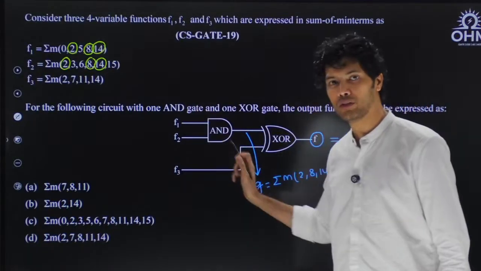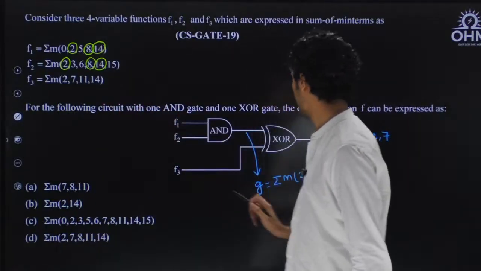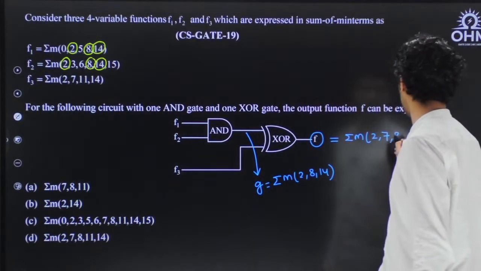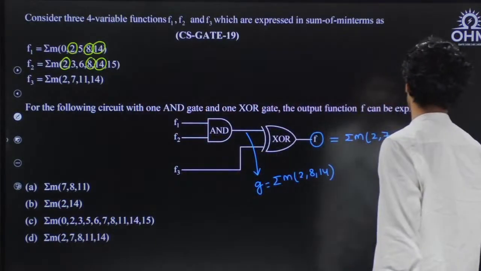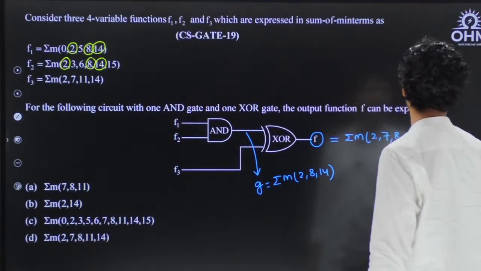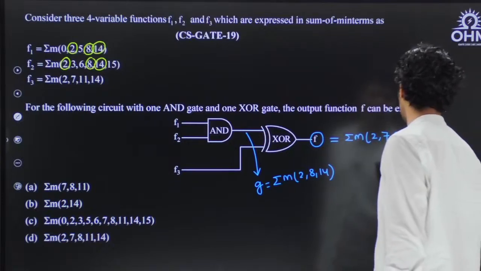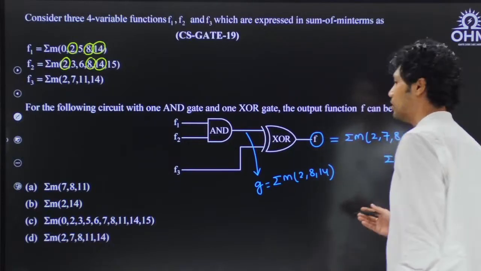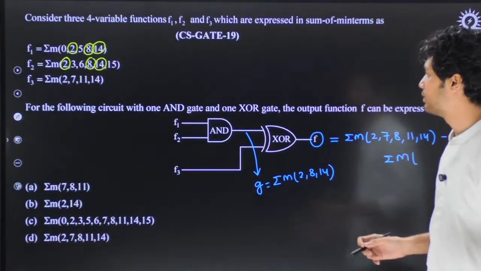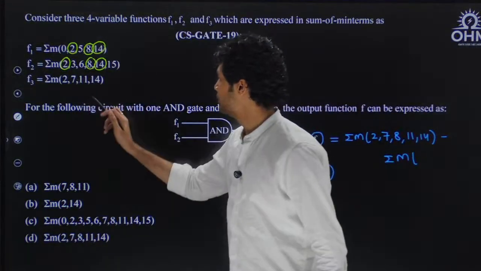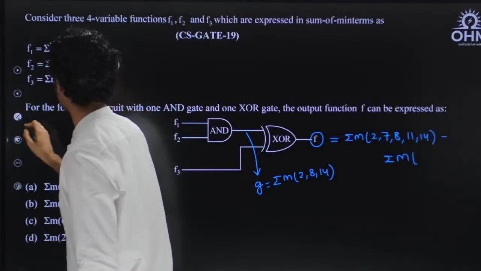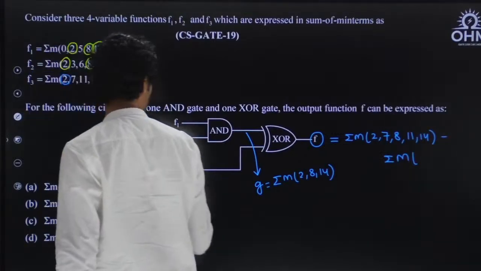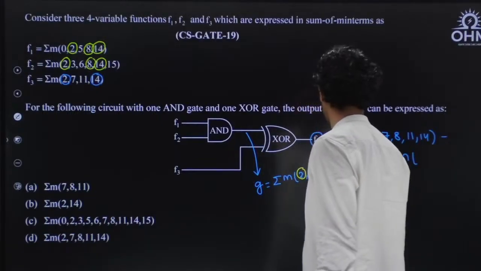So it need not be present in both the lists. 2, 7 and then 8 is present here. 11, 14. Okay, 14 is common again, 14. Minus sigma minterms, we have to take the intersection. What is the intersection? 2 is present, so the intersection terms basically are 2 here, 14, and the same numbers here, 2 as well as 14.